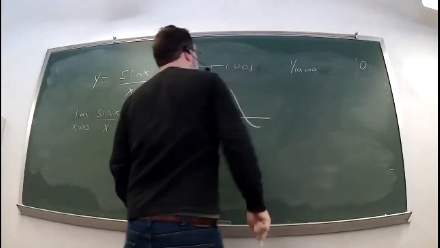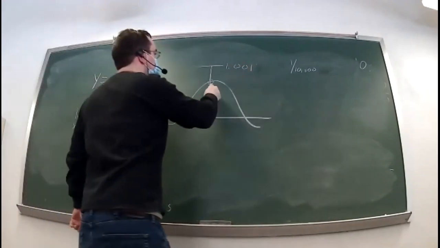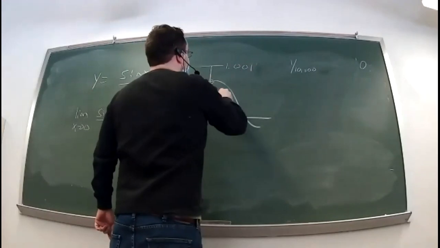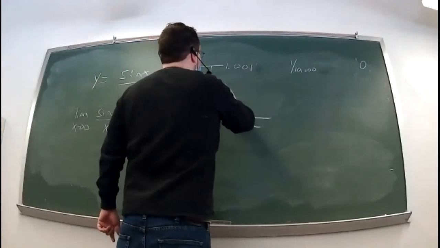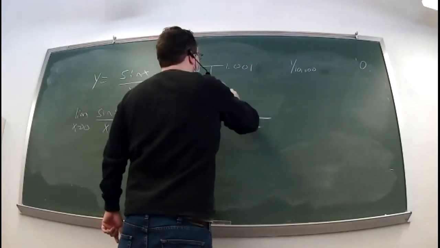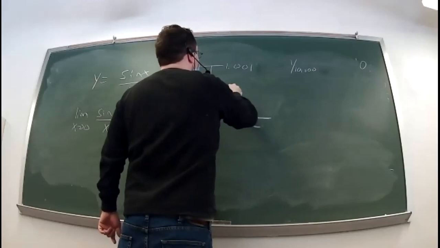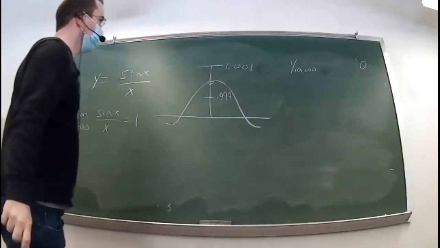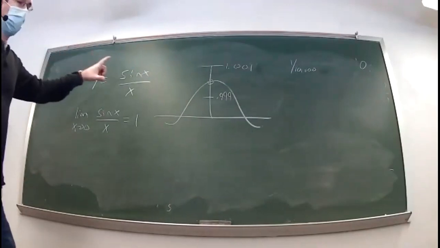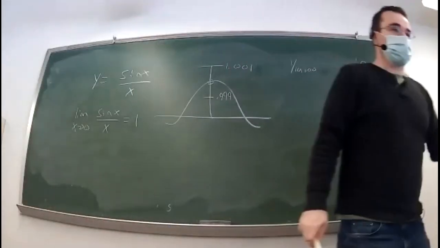And here's 1 minus 1/10,000th, which is like 0.999. So you can pick a range. So there's where you're allowed to pick a range.